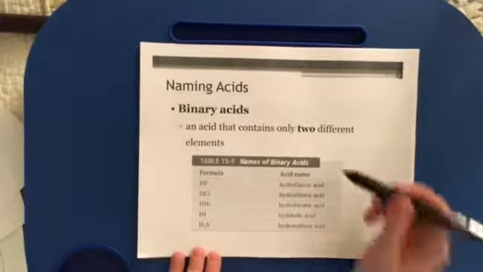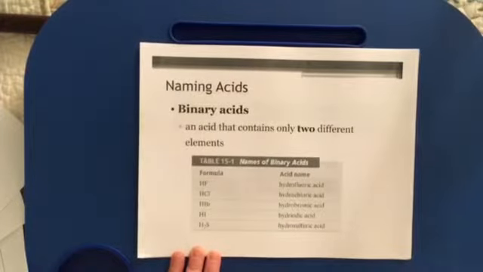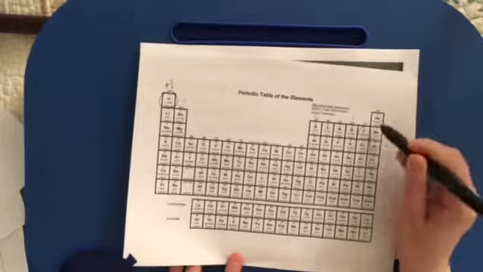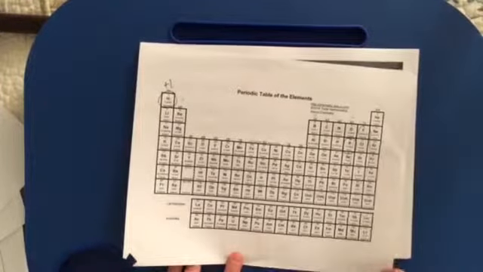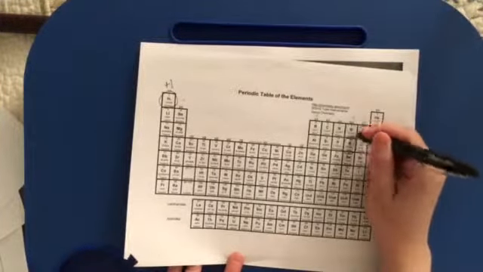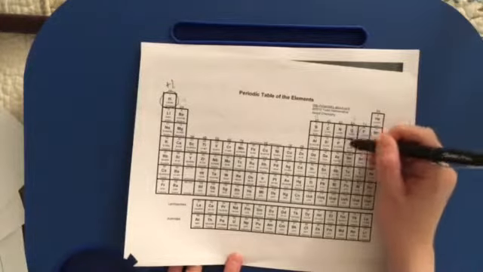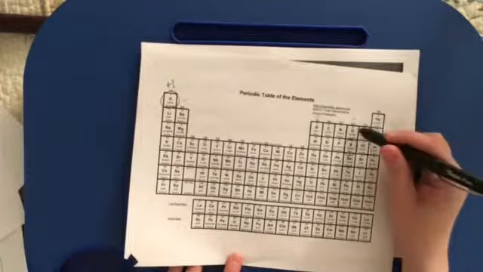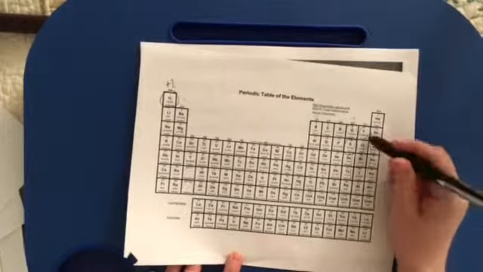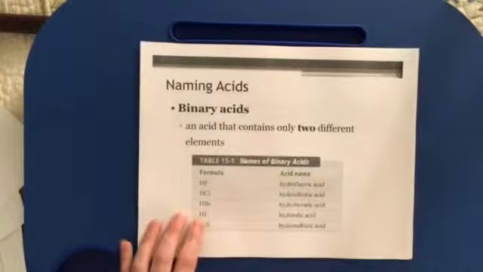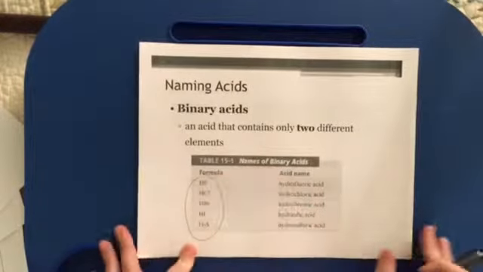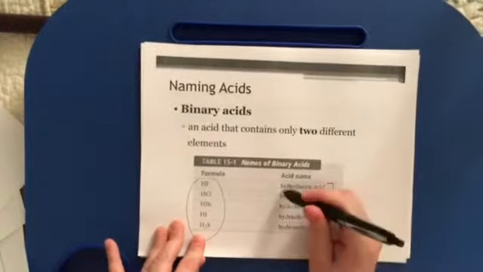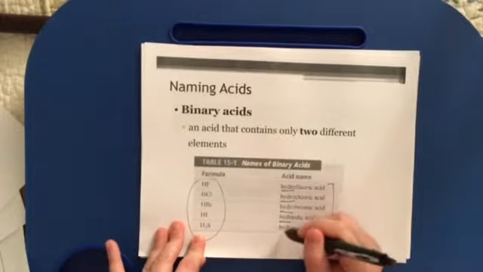Binary acids contain 2 different elements, and so that's when you have hydrogen reacting with any of these here or sulfur. But also hydrogen with water, but that's not really an acid because it is effectively a neutral substance, which we'll also talk about later. Here you can see these substances and their names, which we'll have in another slide.